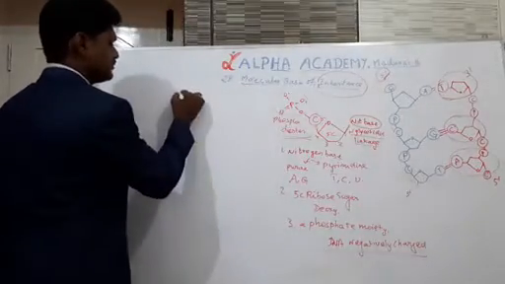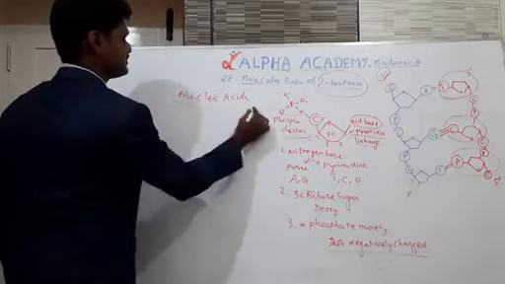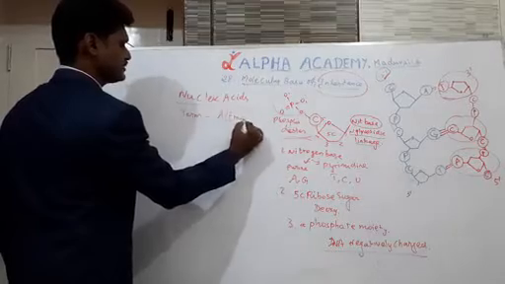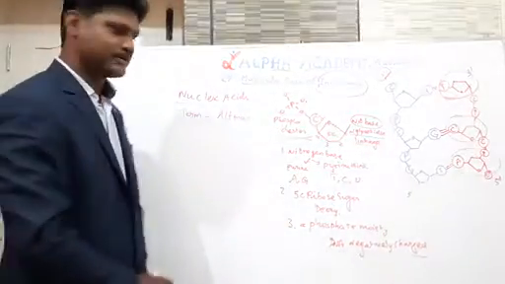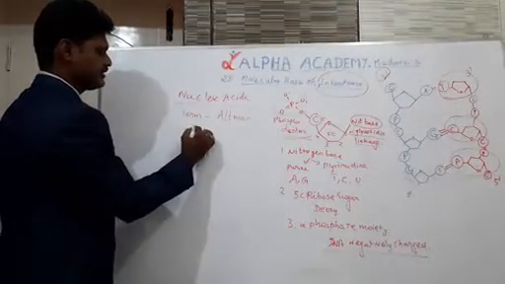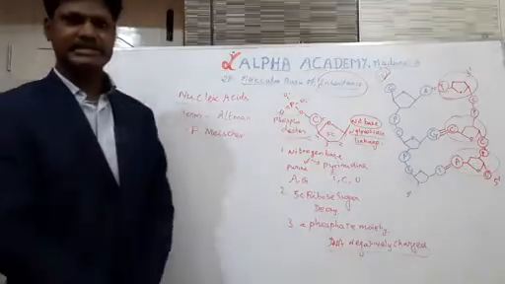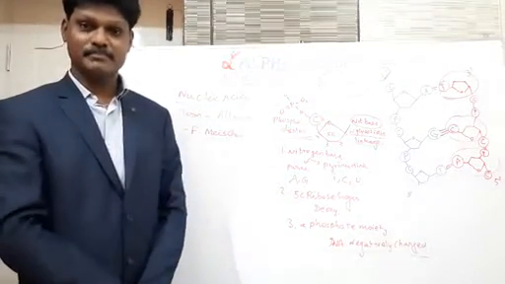First, nucleic acids. See, the term nucleic acid was first coined by Altman. Very first nucleic acid was discovered by Frederick Miescher. He discovered DNA, a nucleic acid, in the nucleus of pus cells.